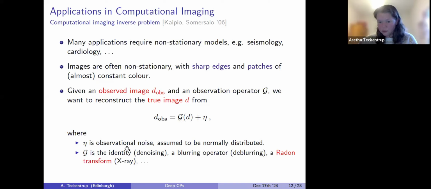It could be the identity in the simplest setting, so then you would just be looking at removing the noise. Quite often it involves a blurring operator, so either the object or the camera that's taking the photo is moving, and then you get some blur. A lot of medical applications, such as X-ray, involve the Radon transform or something similar to that. And I've highlighted that in red because that's what I'll be showing you in the examples.